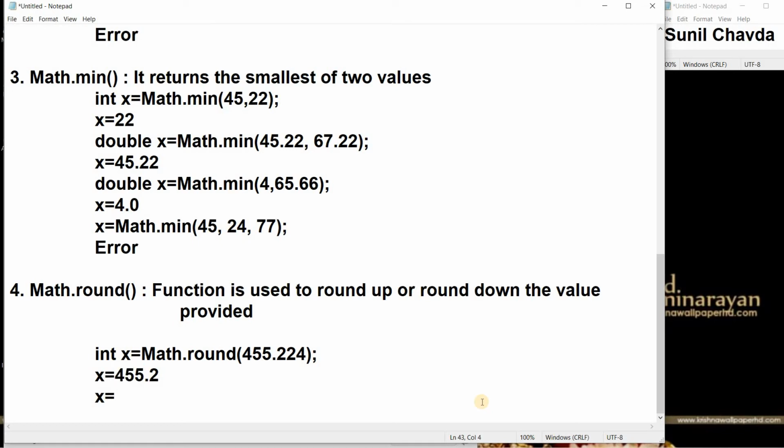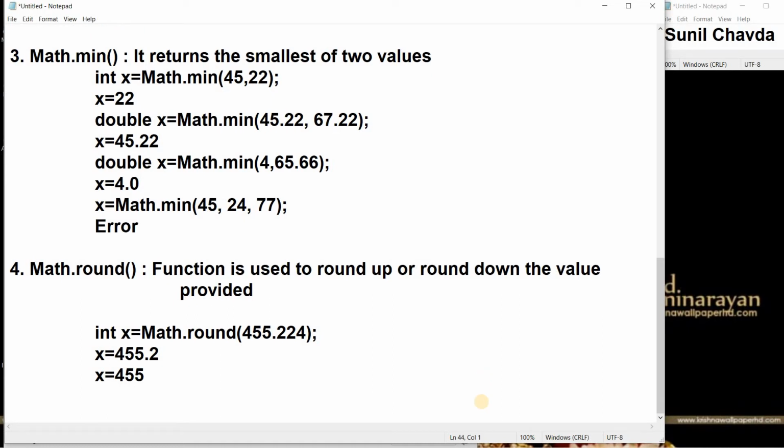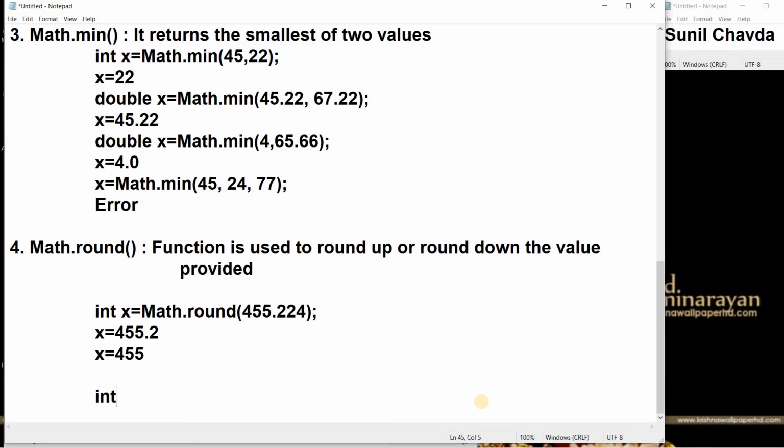So 455 will become 456, but here the number is neither 5 nor greater than 5, so it will keep my number as it is. So the final output will be 455 only.